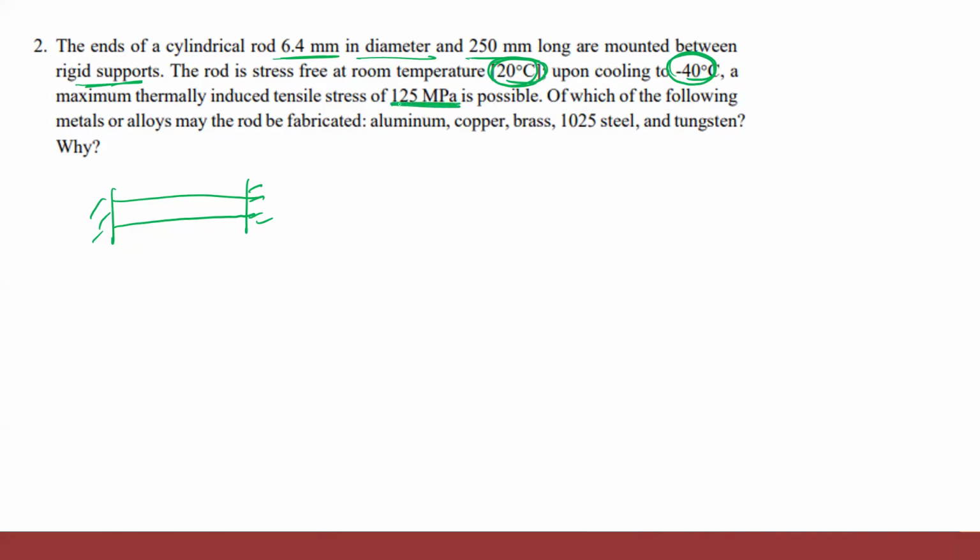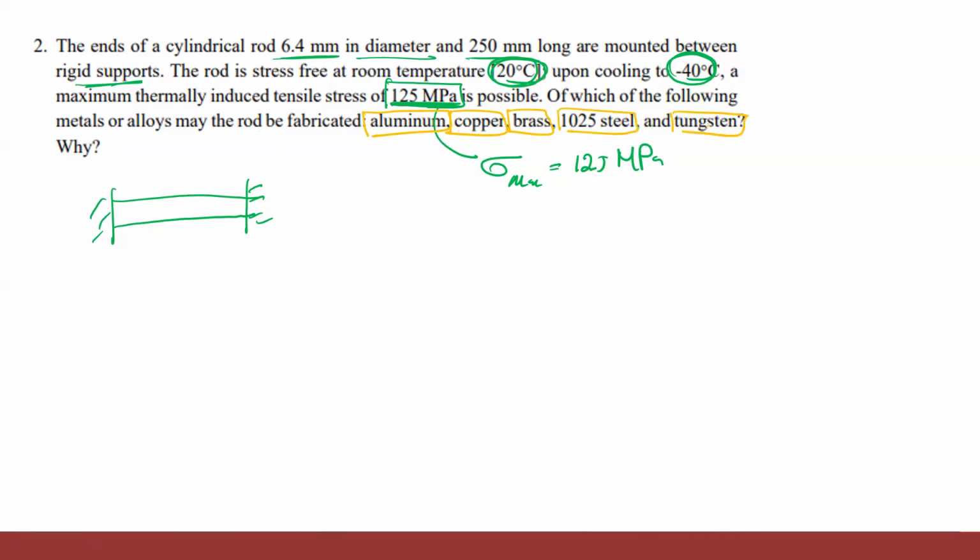Maximum thermally induced tensile stress is the possible value. So the maximum stress that the supports can take is 125 megapascals. Of which of the following metals or alloys may the rod be fabricated? So we have a few options here: aluminium, copper, brass, steel, or tungsten.